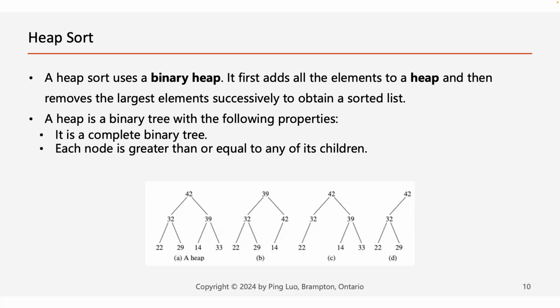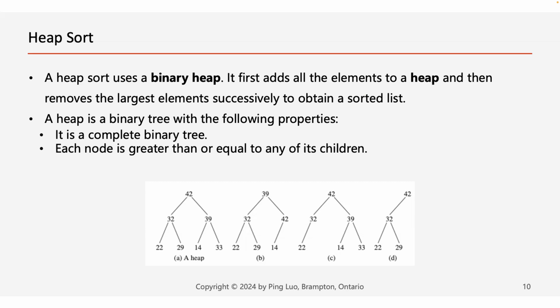Similarly, this one is also a complete one. Although it doesn't have the right child, everything before that has all its nodes with their children. So this kind of tree is called a complete tree. But this is not a complete tree.